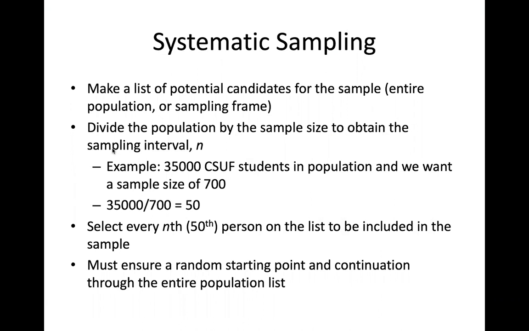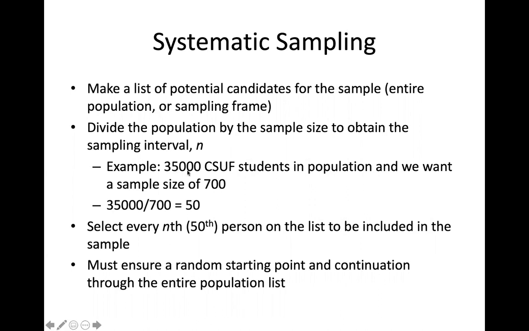Another way to do a random sample, called systematic sampling, is we make a list of all the potential candidates for some sample, if every item in that sampling frame is known. And then we divide the number in the population by the size of the sample we want. So we randomize the list of potential candidates, and then we count down from the top every however manyth candidate.